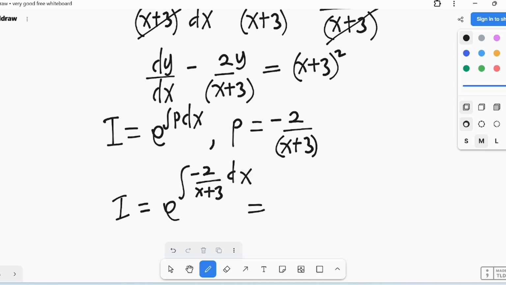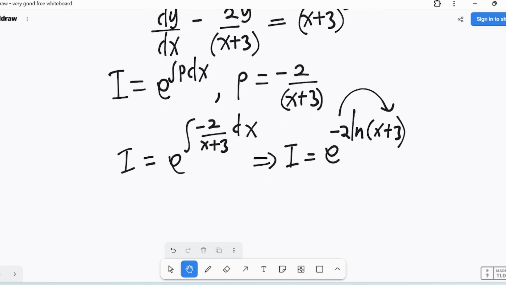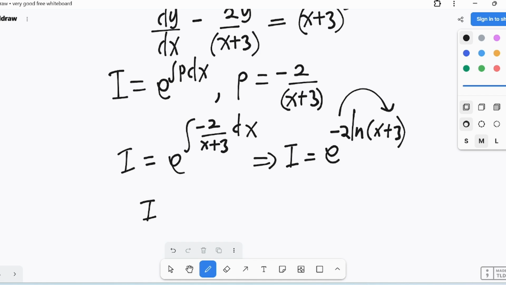Now this tells us that our integrating factor is the exponential of negative 2 ln(x + 3). So this negative 2 can go up, and we have the exponential of ln of (x + 3) power negative 2.